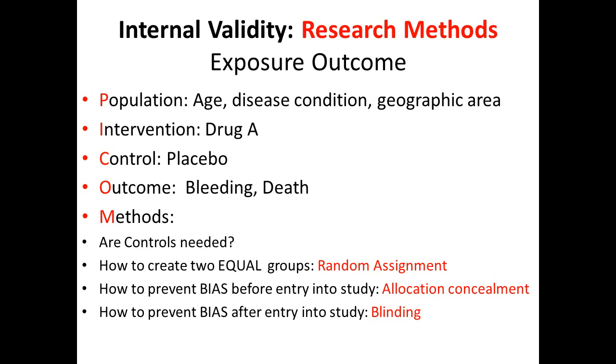Then we have to prevent bias before they enter into the study, and that we do by allocation concealment. Then we have to prevent bias after they enter the study, and that is done by blinding. So when you look at a study, you will look for all these main points.